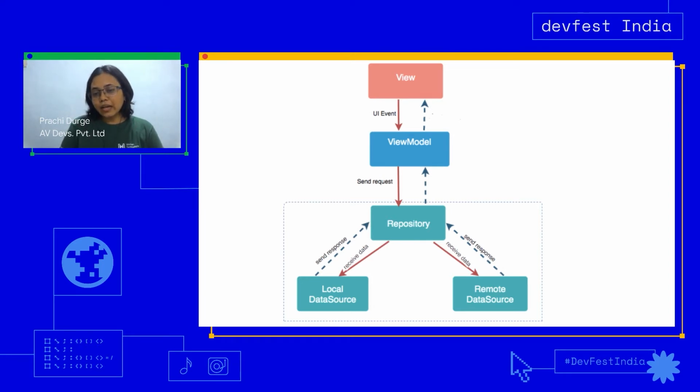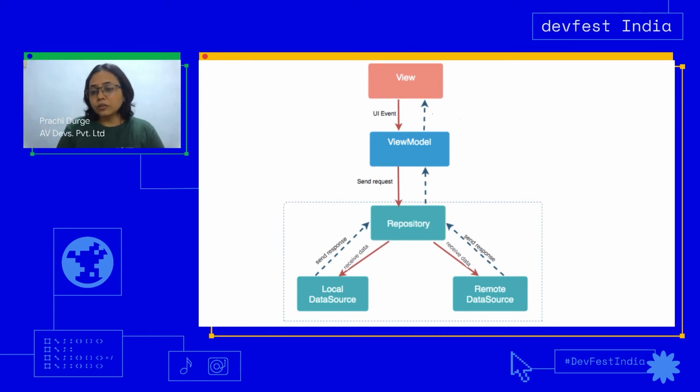Repository, on the other hand, has two data sources in MVVM. One is local data source and the other is remote data source. Local data source is somewhat similar to the database, and remote data source is something where data is called from the API.